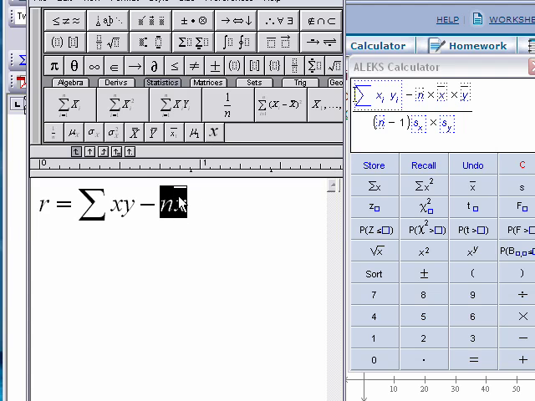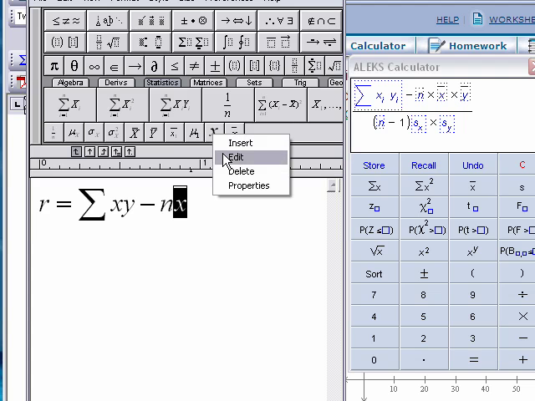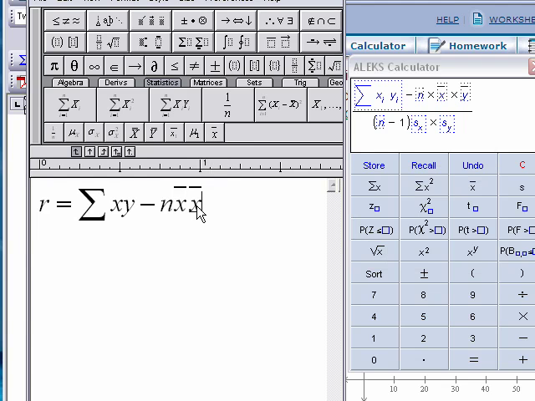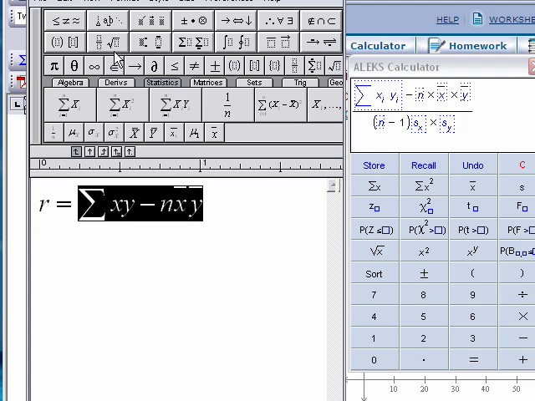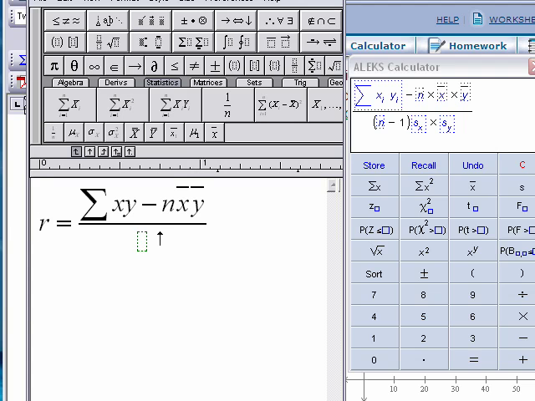I didn't copy the whole thing. So I have X bar, Y bar, divided by N minus 1 times the standard deviation for the X values times the standard deviation for the Y values. So that's the formula for R.